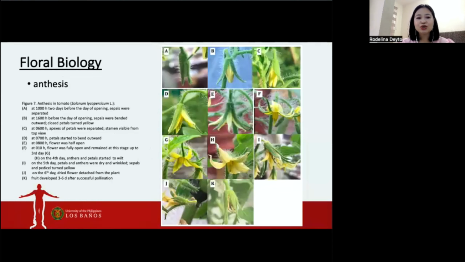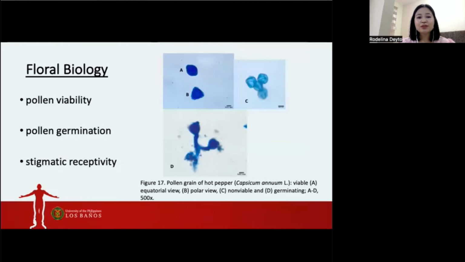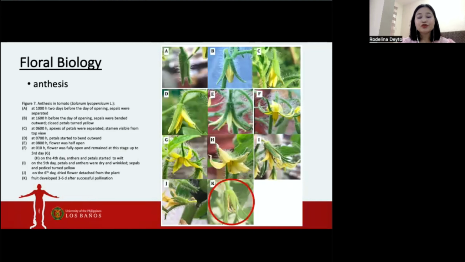This is the figure showing anthesis in tomato flower. The flower was fully open at 10 in the morning and remained open for 3 days. Flowers that were not pollinated eventually detached from the plant and fell off on the 6th day. A successfully pollinated flower started to develop fruit on the 3rd to 6th day after it had opened with anthers detached.